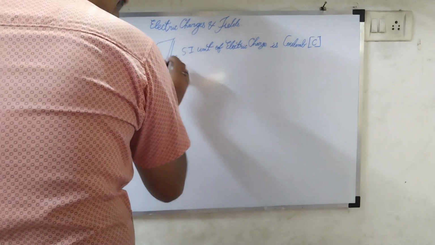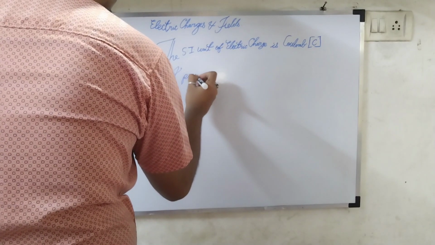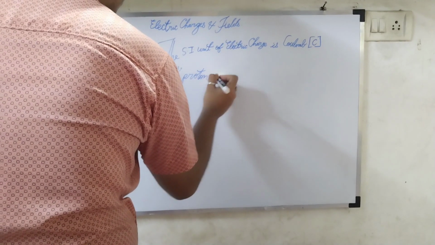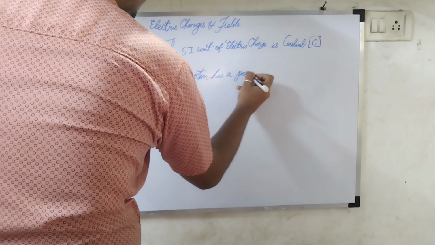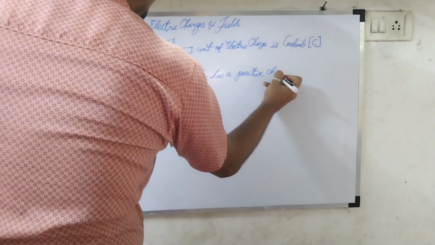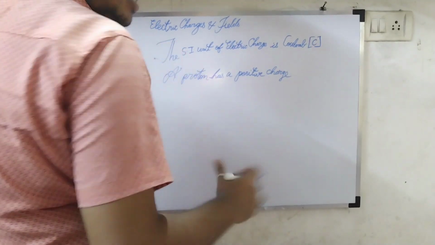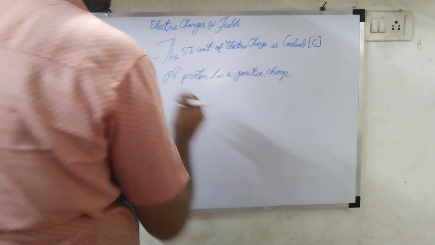What is the charge of a proton? A proton has a positive charge, and what charge does an electron have? An electron has a negative charge.